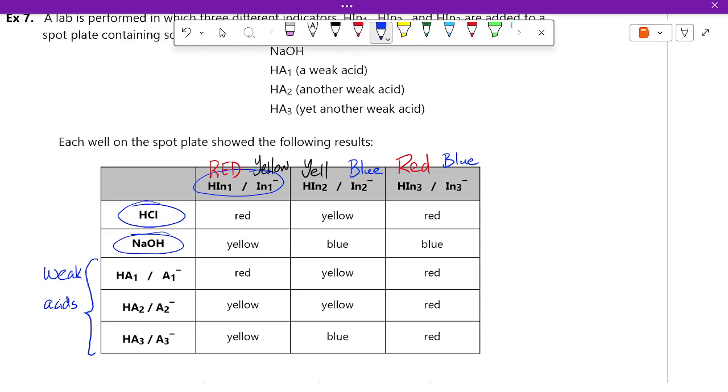Is it stronger or weaker? It's stronger because it does the same thing as the HCl. So when indicator 1 is faced with an acid that is stronger than it, it will turn red. So this tells us that HA1 is stronger than indicator 1.